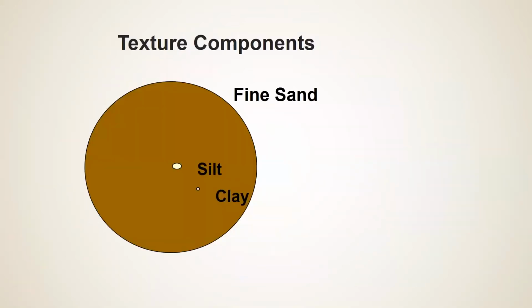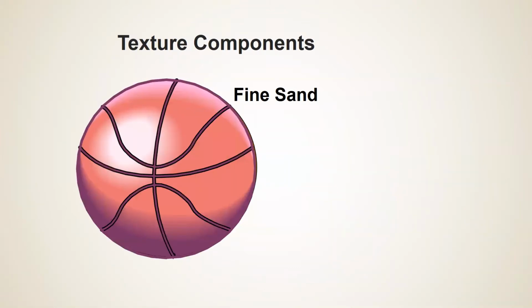If we're visualizing soil structure, soil is comprised of three main sizes of mineral particles: sand, silt, and clay. To better visualize the differences in the sizes of these particles, we can think of a basketball.